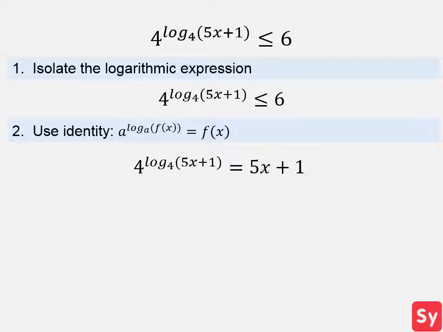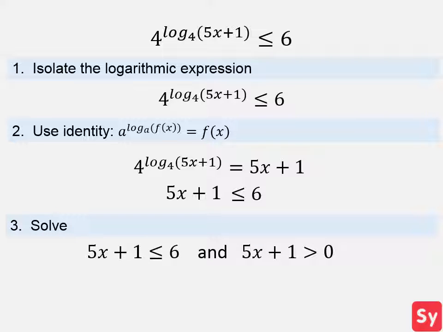So 4 to the power of log base 4 of 5x plus 1 is equal to 5x plus 1. So we replace the logarithmic expression with 5x plus 1 and get 5x plus 1 is less than or equal to 6. Finally, we solve the compound inequality.